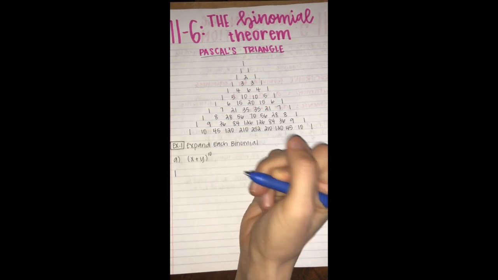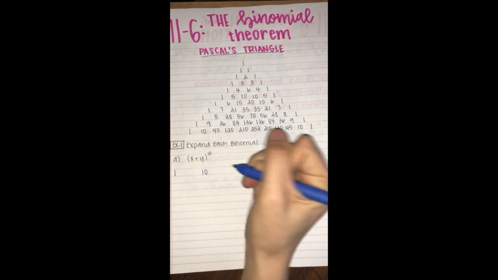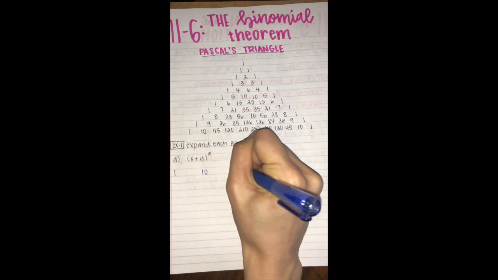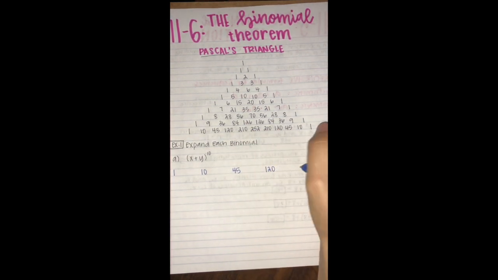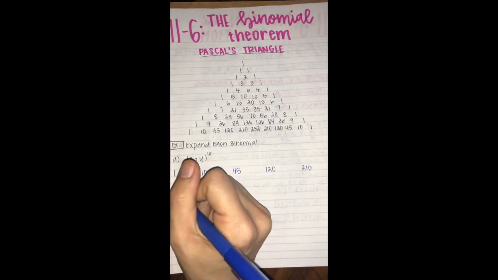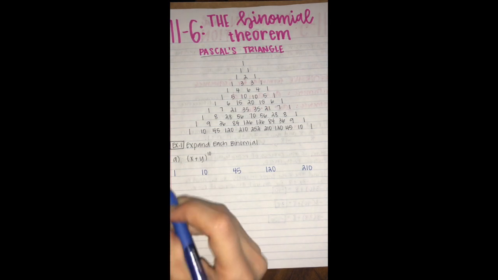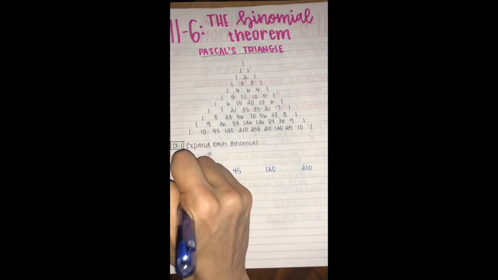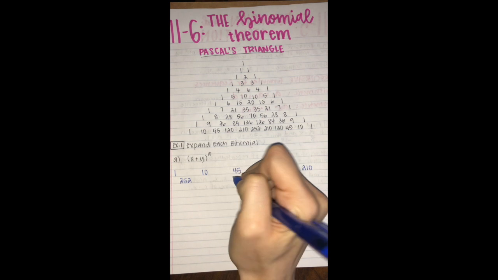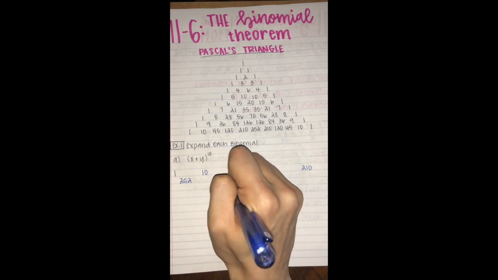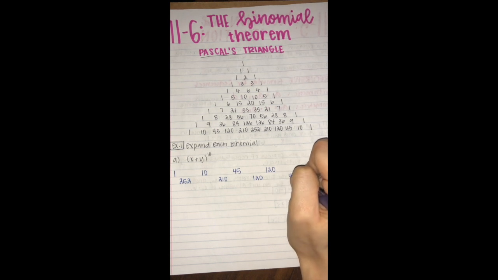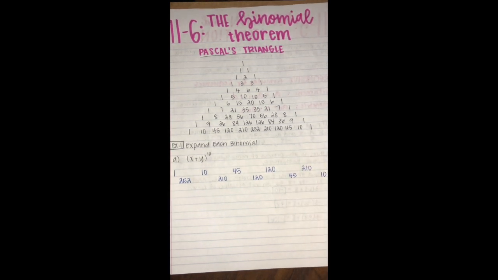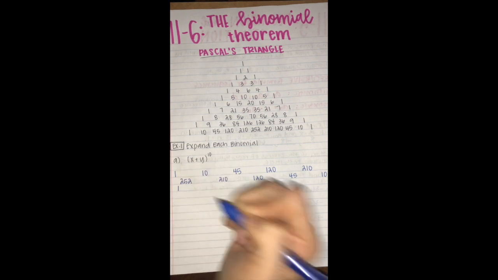So 1, and then space, 10, 45, 120, 210. Again, I'm going to go to the next row just to leave room. 252, 210, 120, 45, 10, and I'll go back down again one more time, 1.